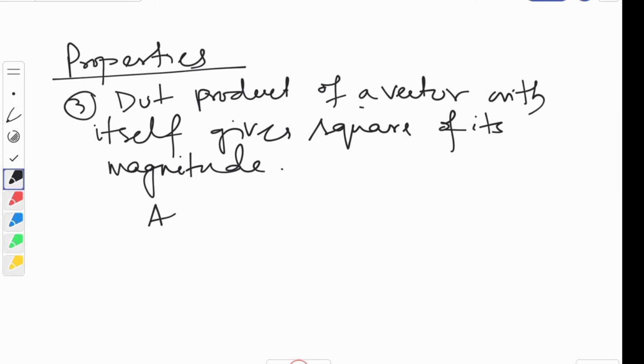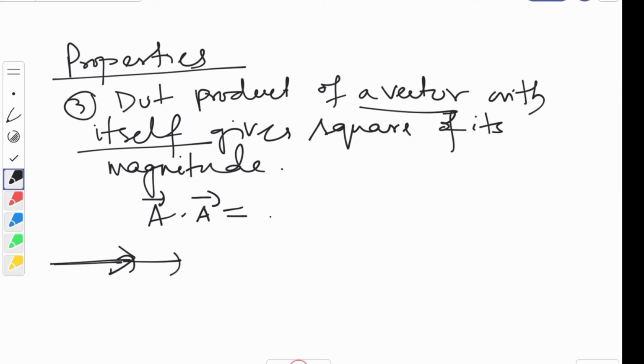So the dot product of a vector with itself, that means A dot A. What is the angle? If it is A with itself, the angle will be how much? A A cos 0 degrees. You know for two vectors it is AB cos theta.